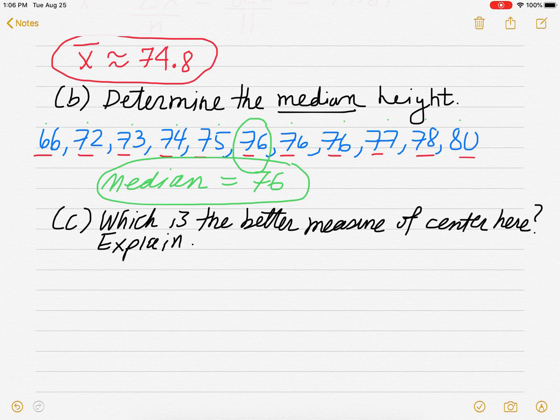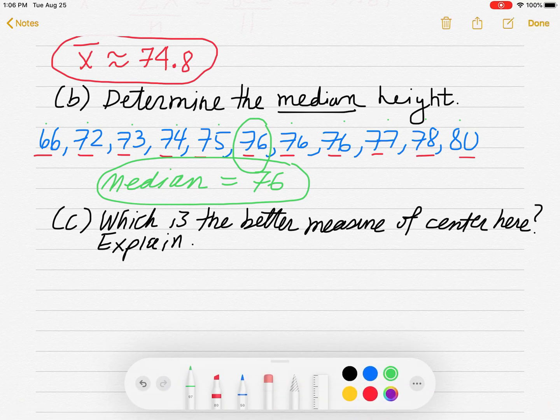Just look at all those numbers. I would say probably 76 represents a better measure of center. Doesn't 76 look like it's more in between, like at the halfway mark? So it turns out that the median is actually the better measure of center here.